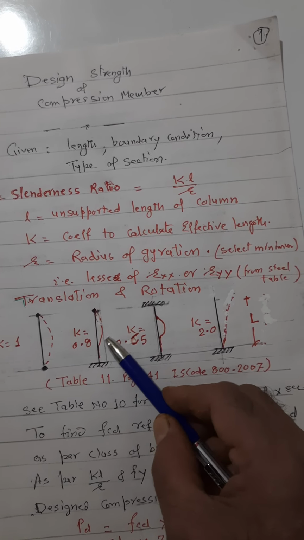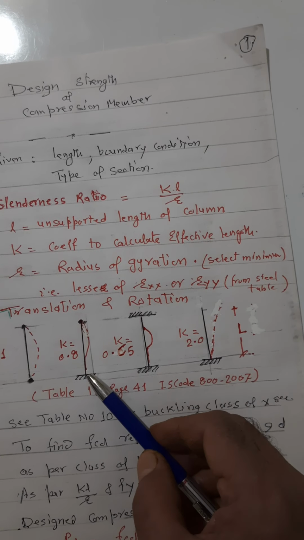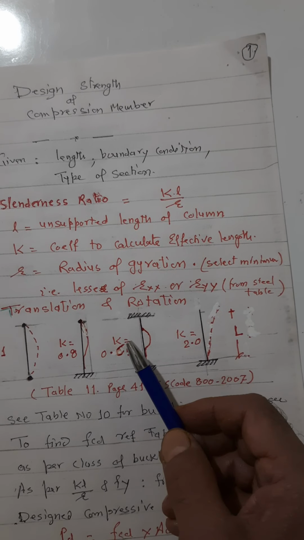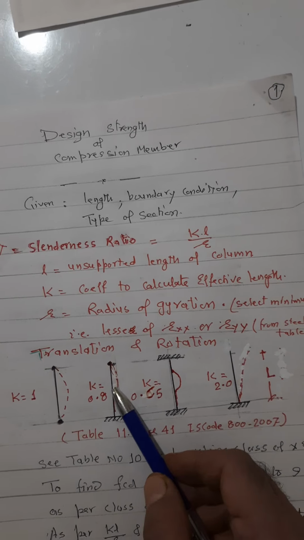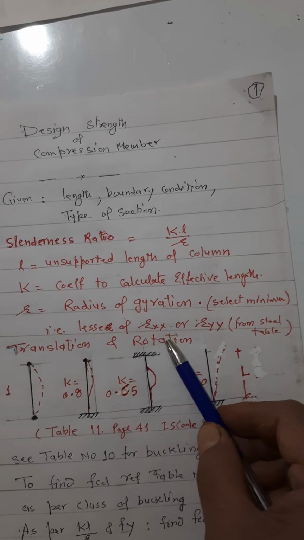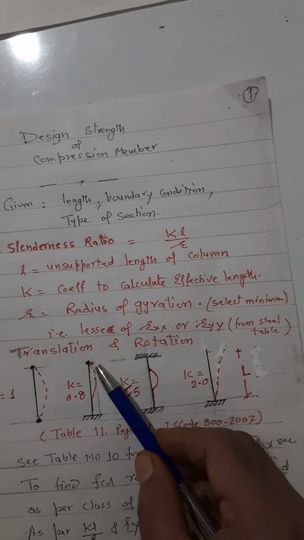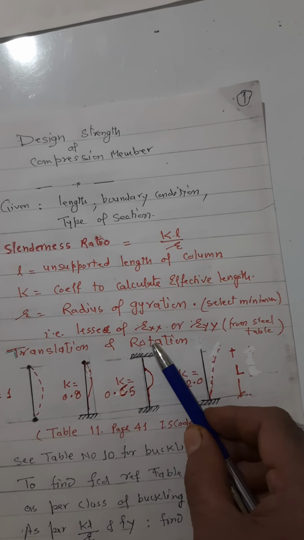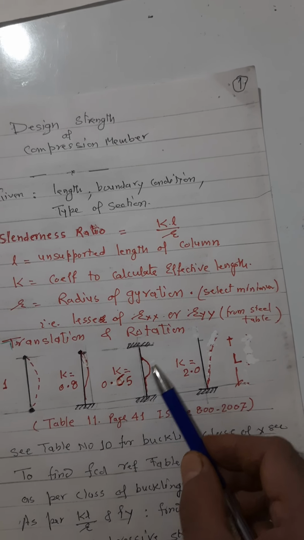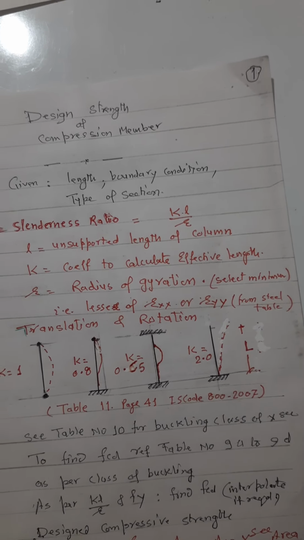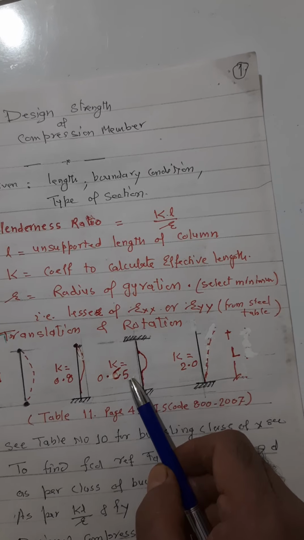So right from here to here the distance is, no, it is 0.8. Yes, it is 80% of the total length. So the value of k will be taken as 0.8. When both the ends, top and bottom, are restrained not only in translation but also in rotation, the buckling will take place only up to this position, and theoretically this distance is 0.5, but practically it is taken as 0.65.